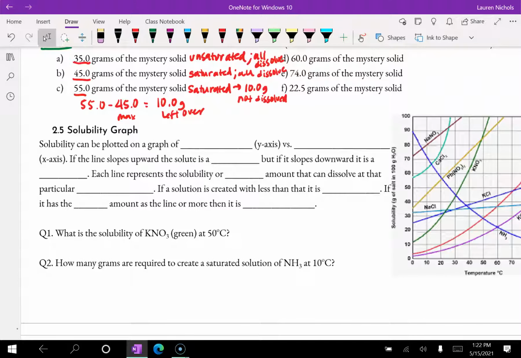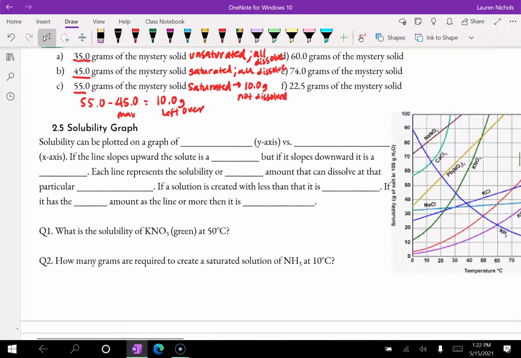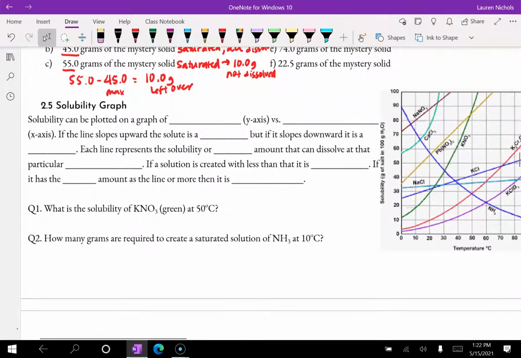So if we look at the graph, it's basically going to take this same thing. And so solubility can be plotted on a graph of, well, solubility, which is going to be your solubility. Spelling is important, guys. Solubility on our y-axis versus temperature in degrees Celsius on our x-axis.